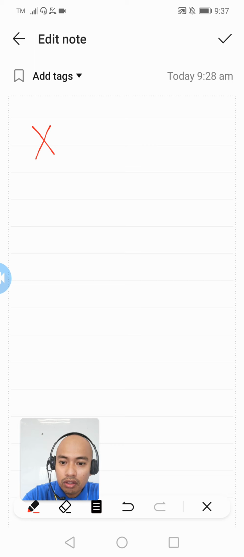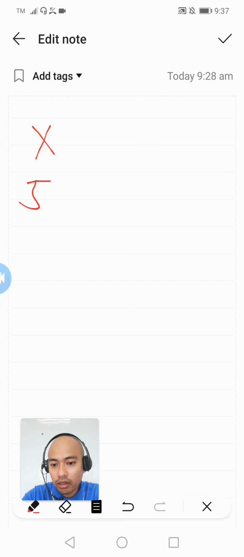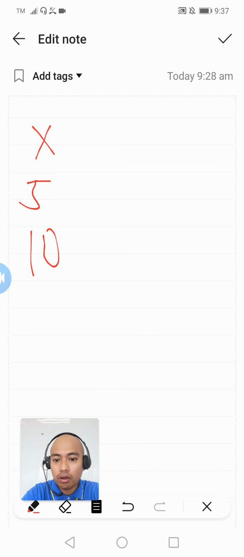Let's say these are the scores of the 5 respondents in a particular examination taken in their subject English. So one student got 5, maybe out of 30. Another student got 10.